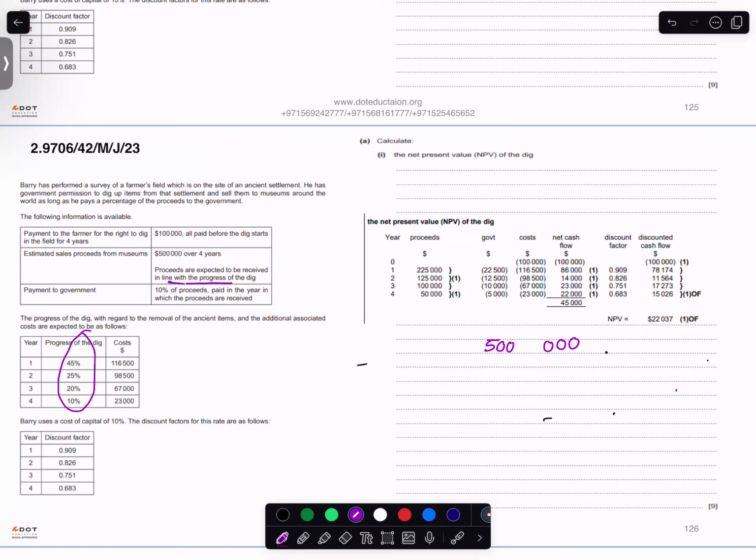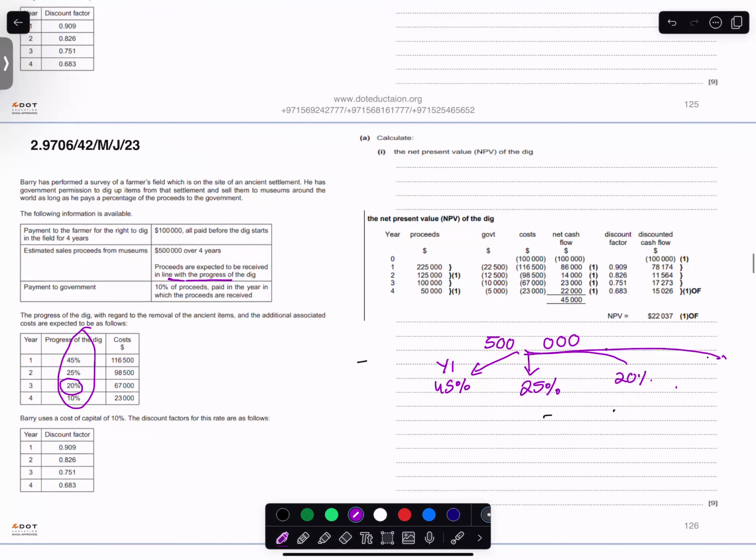So you have the progress of the dig over here. 45% is in the first year, 25% in the second year, then 20% in the third year, and 10% in the fourth year.